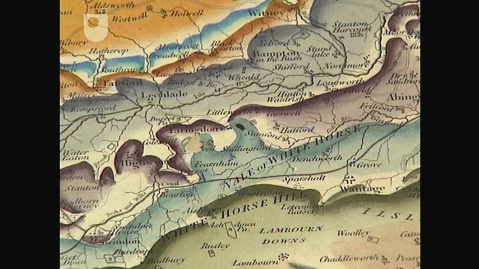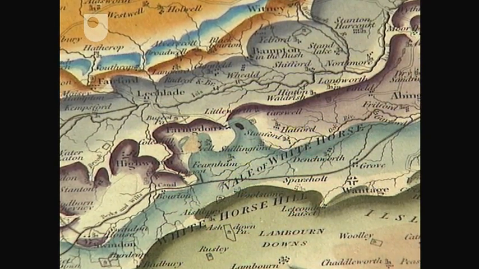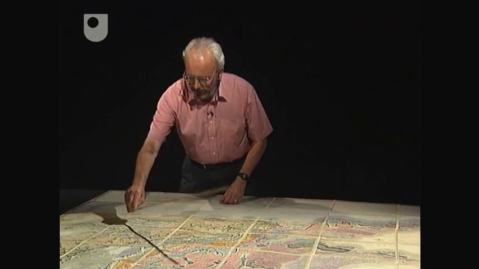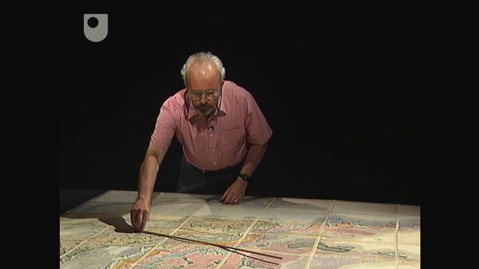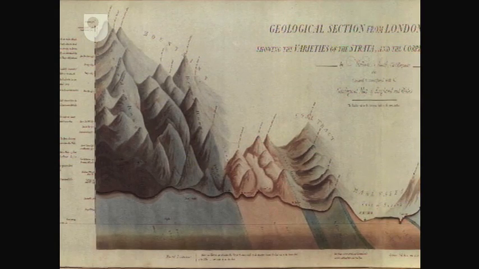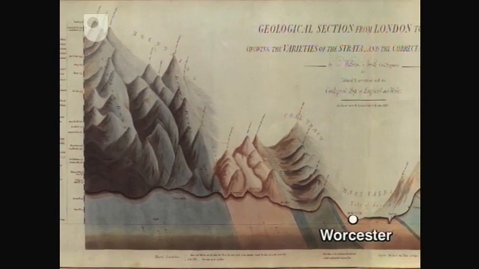Well, as well as recording his observations on the distribution of strata in 2 dimensions on this map, Smith also thought in the 3rd dimension. He drew a cross-section from London to Oxford to Worcester. The section extends northwestwards beyond Worcester into Snowdonia.